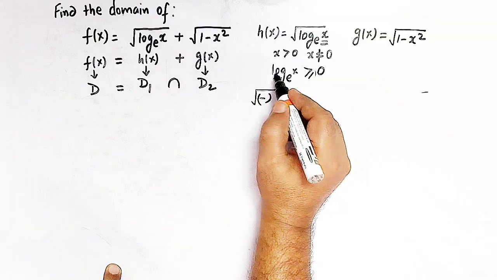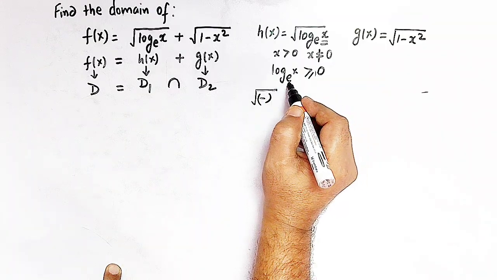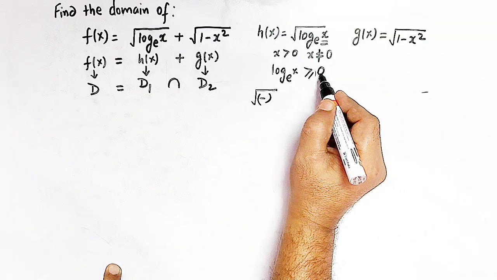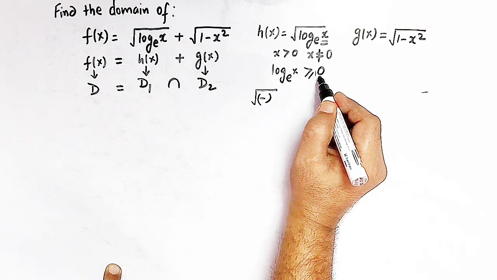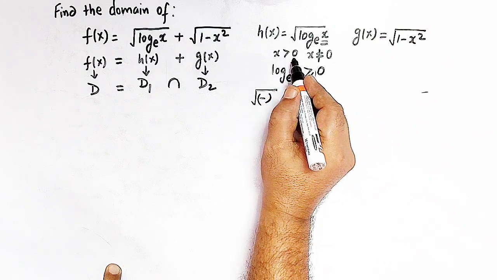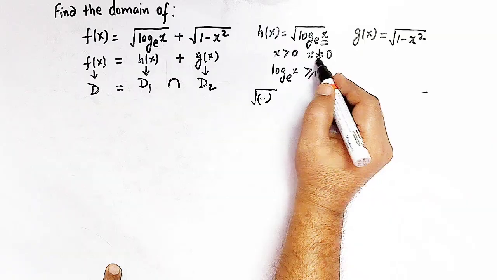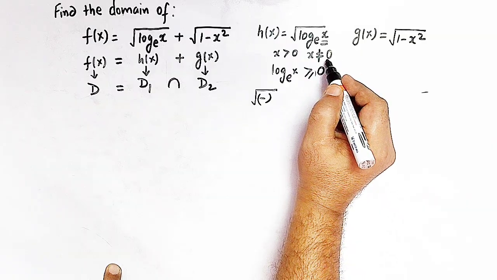So this term, that is logarithm of x to the base e, has to be greater than or equal to 0, and x should be greater than 0, and x cannot be equal to 0, right?